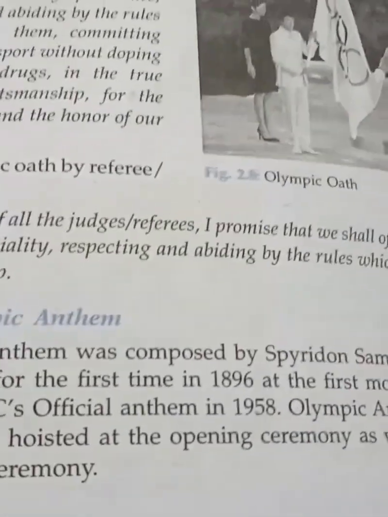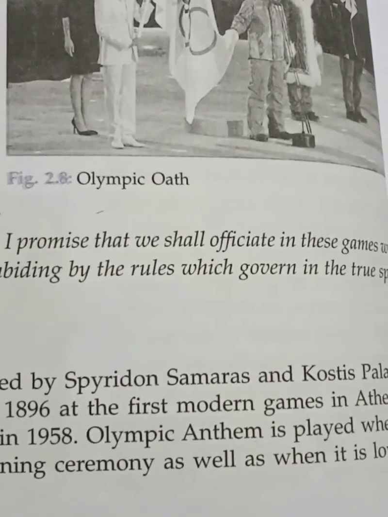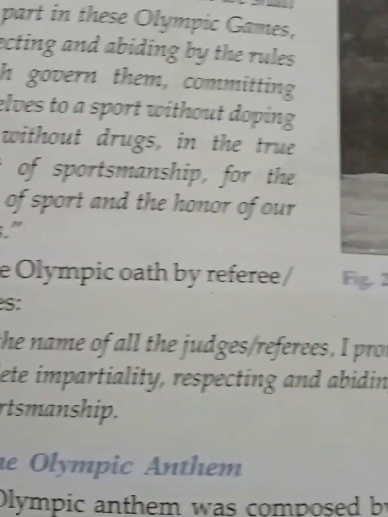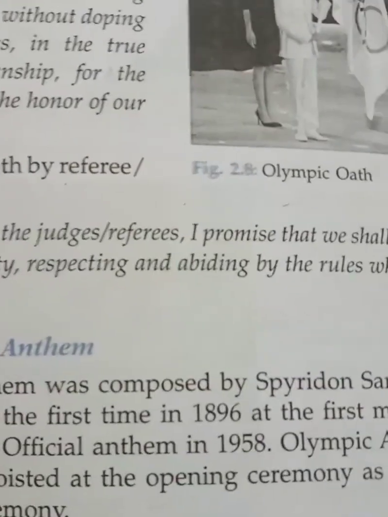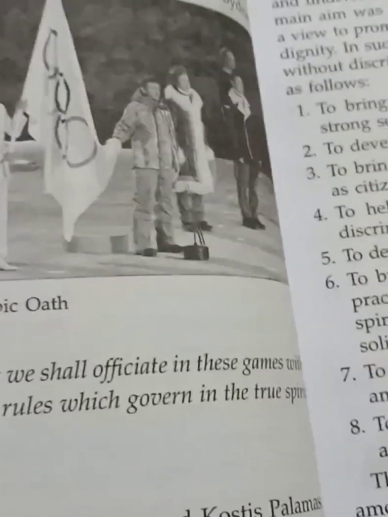Now, the Olympic Anthem. The Olympic Anthem was composed by Spyridon Samaras and Kostis Palamas. It was played for the first time in 1896 at the first modern games in Athens.